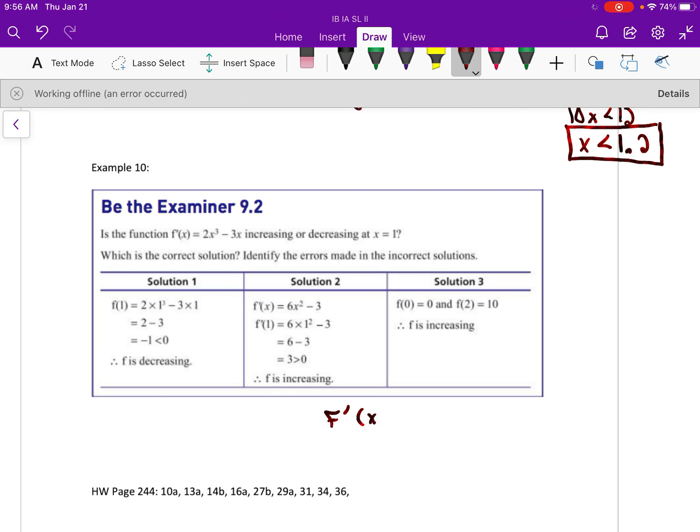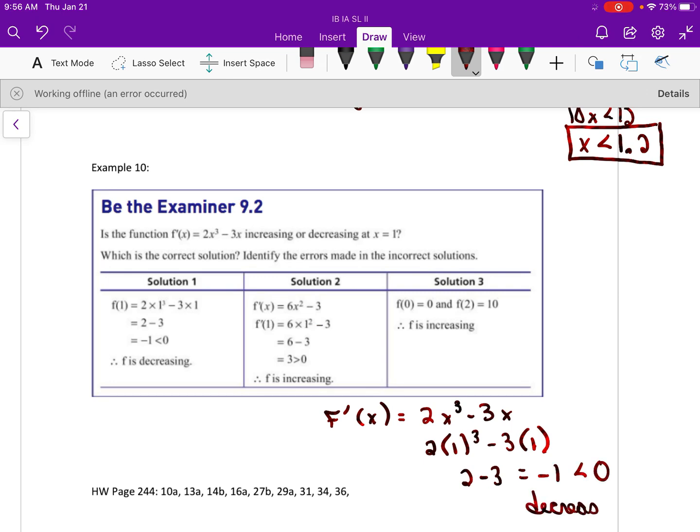We want to know what's happening at x equals 1. So we just plug in 1 because we already have the derivative, and we get 2 minus 3, which equals negative 1, which is less than 0. So we are decreasing. All right, so that is this one.